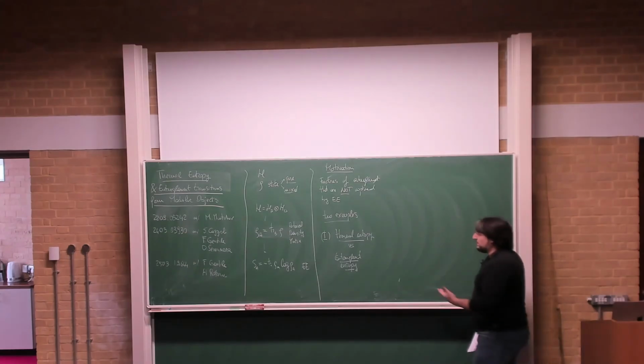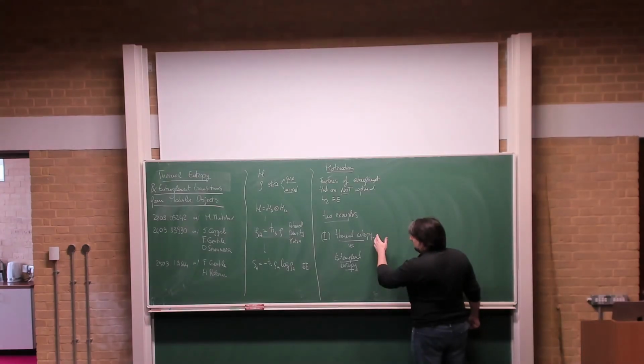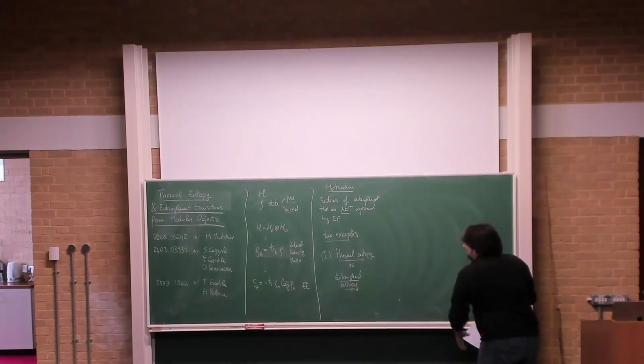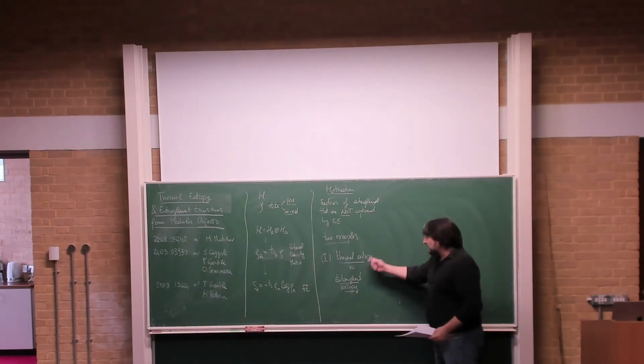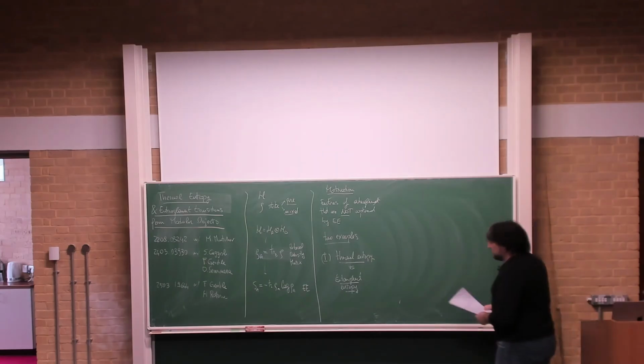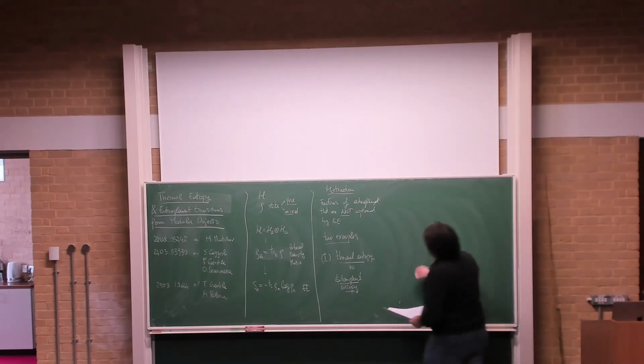At the beginning, the motivation was to understand this kind of thing. But now we have a lot of knowledge, and still the relation between these two quantities is, to me, not completely clear. Let me give you an example.